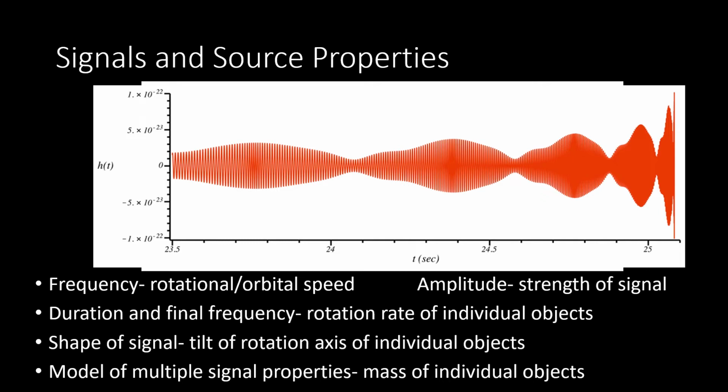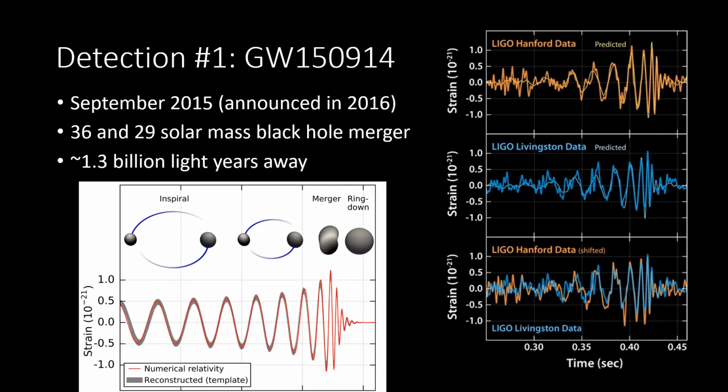That would take a lot longer than I have today. But you'll have to trust me a little bit that we can actually look at these signals, look at the different properties and tease out some of the individual properties of the actual objects creating the signal, which is, I think, a really, really amazing feat as well.